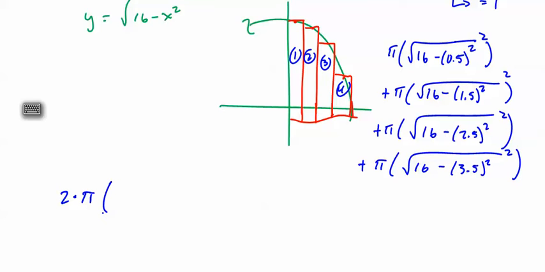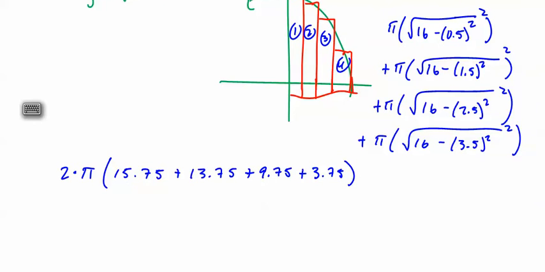times pi. So 16 minus 0.5 squared, 15.75, plus 16 minus 1.5 squared, 13.75, plus 16 minus 2.5 squared, 9.75, plus 16 minus 3.5 squared, 3.75.